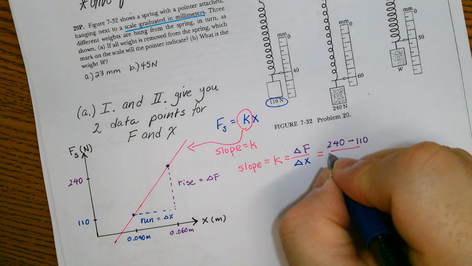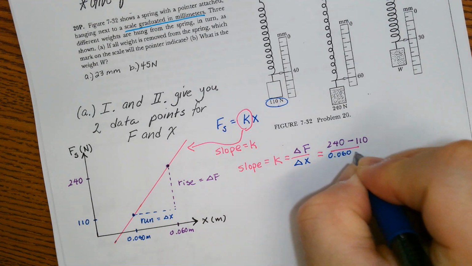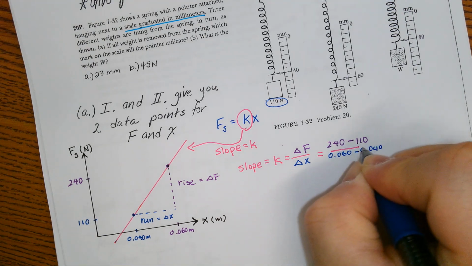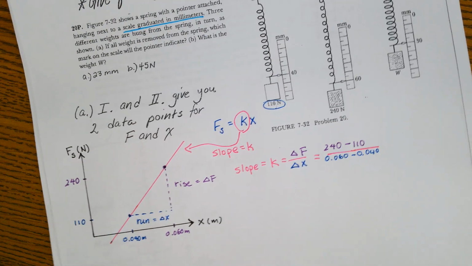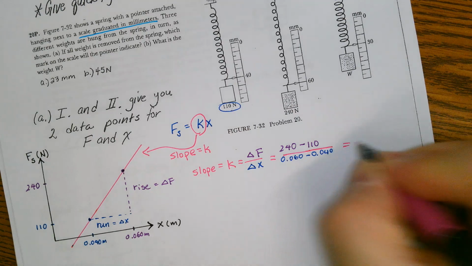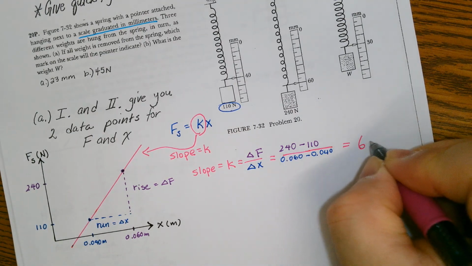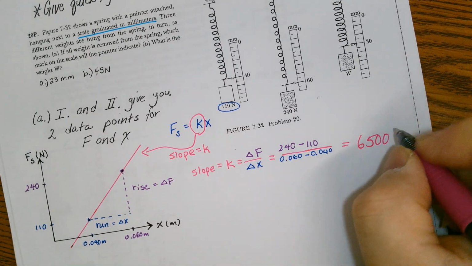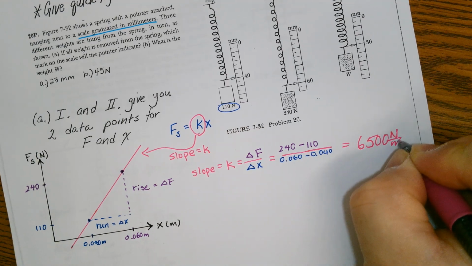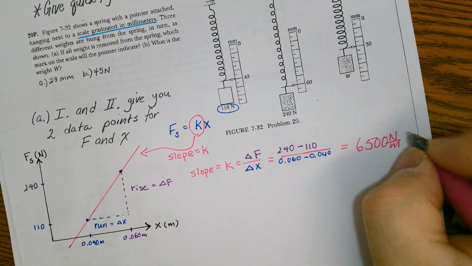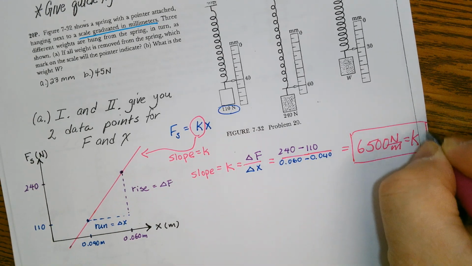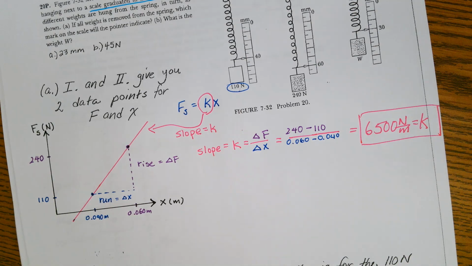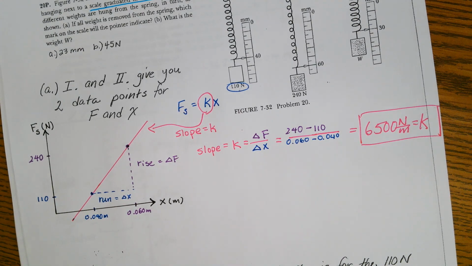Delta X is 0.06 minus 0.04. If you work it out, I think you'll get something like 6,500 newtons per meter. So that's my spring constant K. Deal?